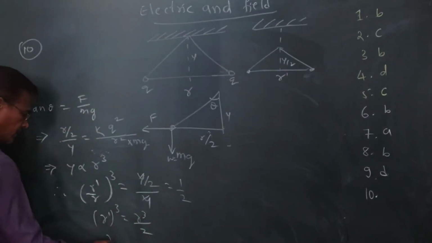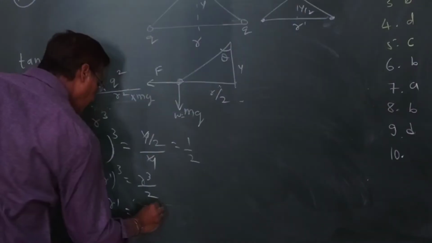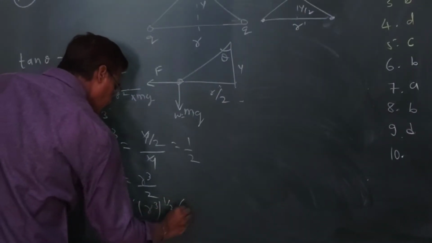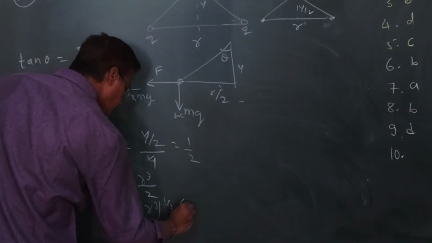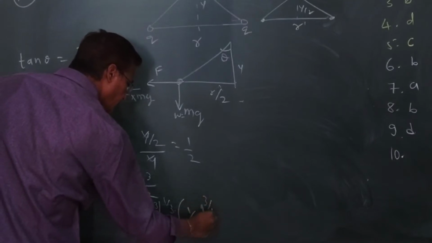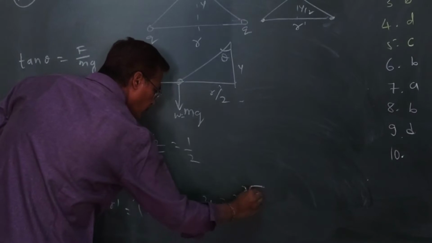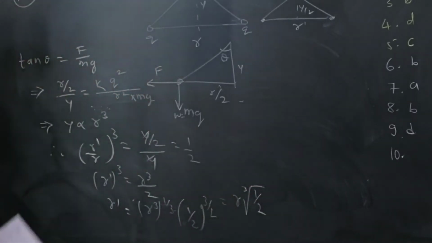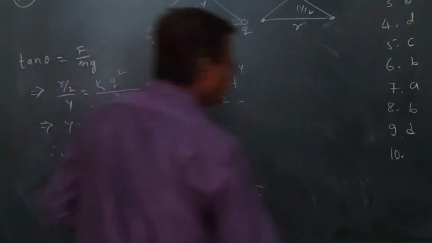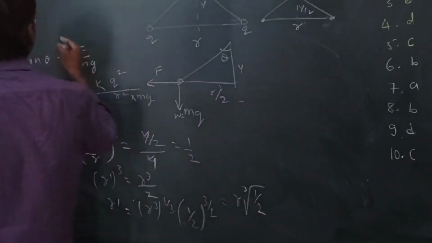Cross multiplying, R dash equal to R into cube root of 1 by 2. So this is what we get, R cube root of 1 by 2. That will be the answer. So it is option C. 10th, answer is C.